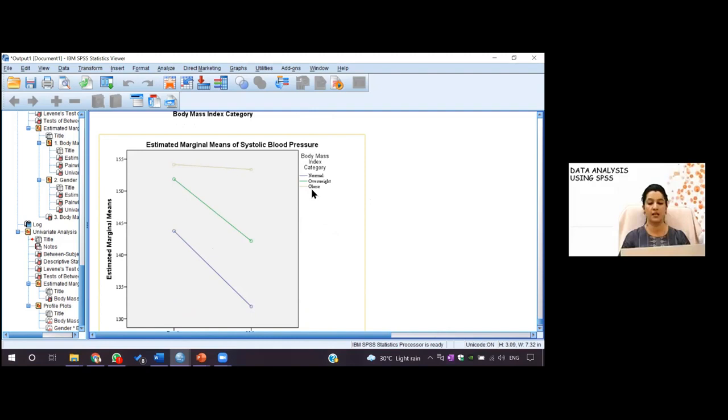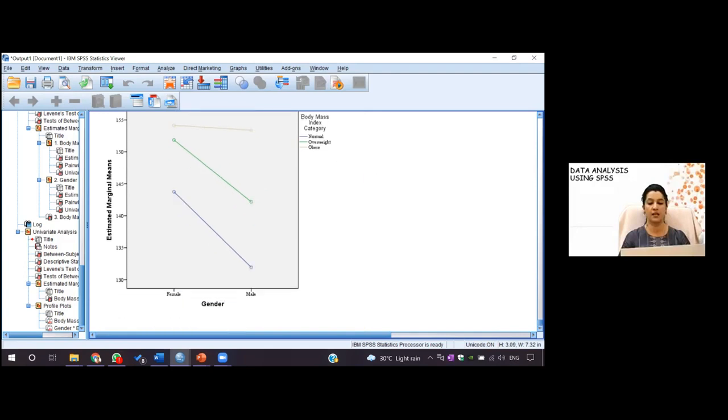Category of BMI, it is saying that because of obesity there is some significance. But again, don't go only by this profile plot, because the profile plot will say that this is significant. Actually, if we go by the objective way, the p-value is a more objective way of saying whether this interaction is there or not.